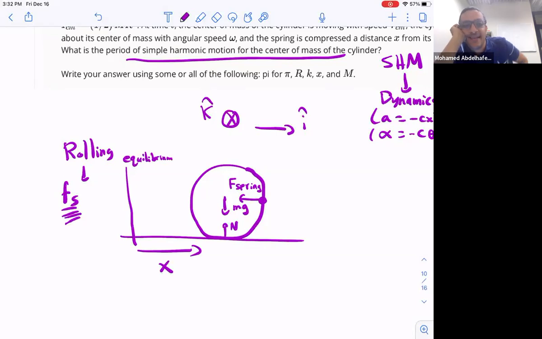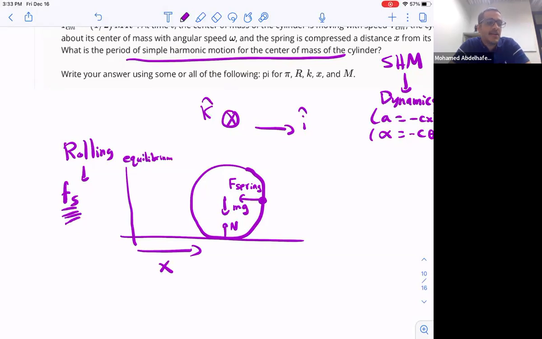What do you think? Center of mass translation, accelerating right or accelerating to the left at this instant? Are you with me? Okay. So this question is very crucial for finding static friction.